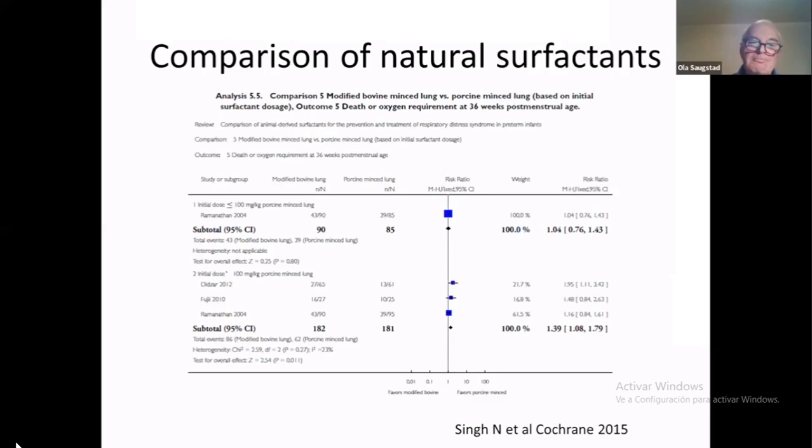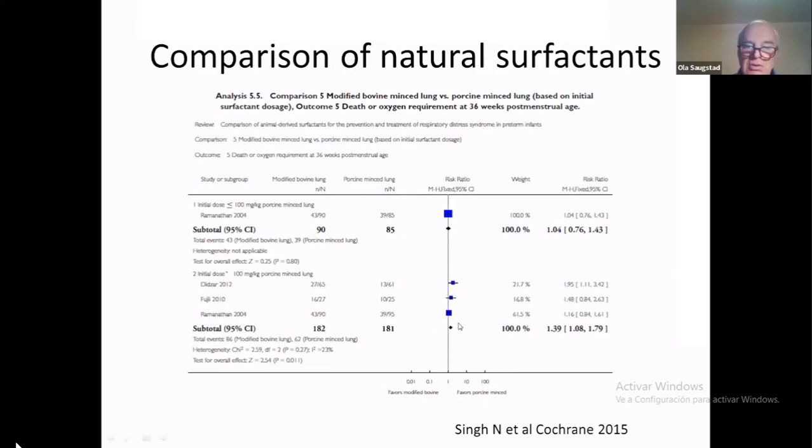Now, which surfactant should we give? There are several surfactants on the market in Europe. And here is, again, a Cochrane review comparing bovine minced lung versus porcine minced lung surfactant. What you see here, the outcome here is death or oxygen requirement at 36 weeks post-menstrual age.